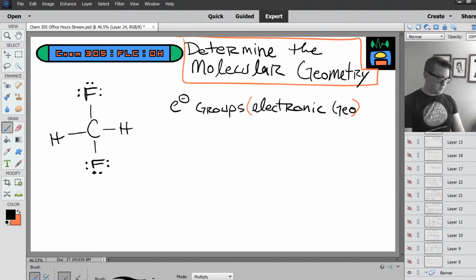And then you combine this with your number of lone pairs, and that together with your electronic geometry will tell you what your molecular geometry is.